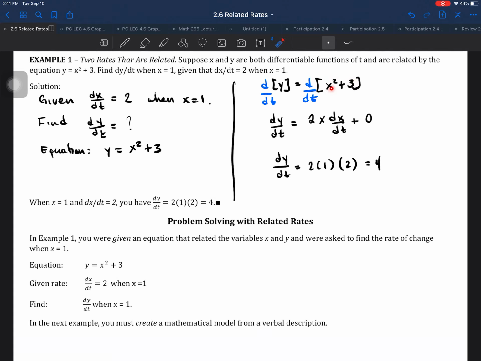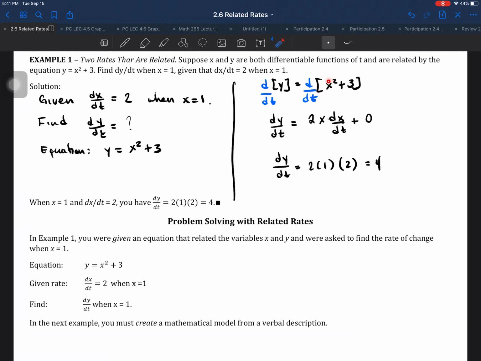The derivative of x squared with respect to t: because the independent variable is t, x must be treated as a function. Do you see that? Notice that t is the independent variable, so x must be treated as a function of t. And we said over here, x and y both are differentiable functions of t. So treat x as a function.